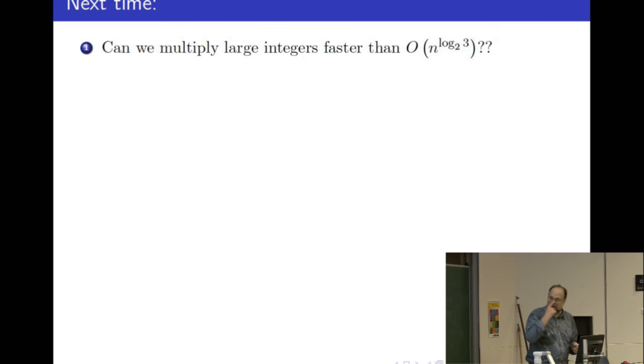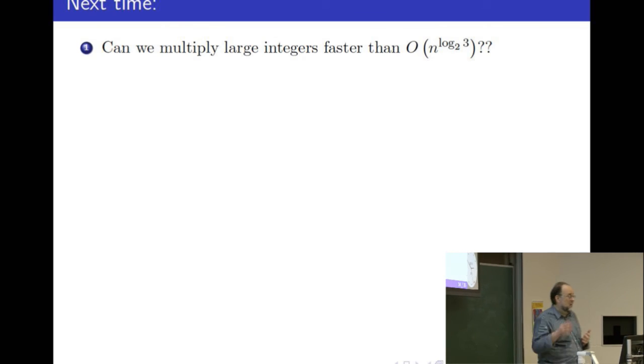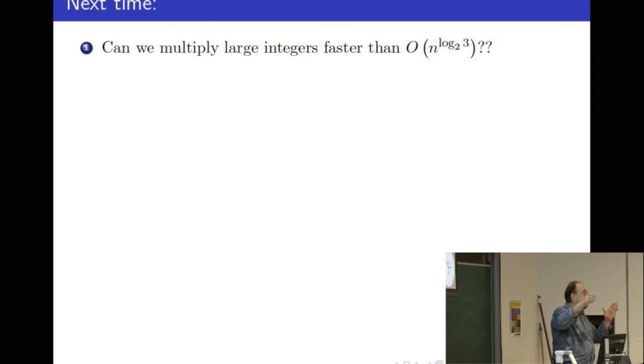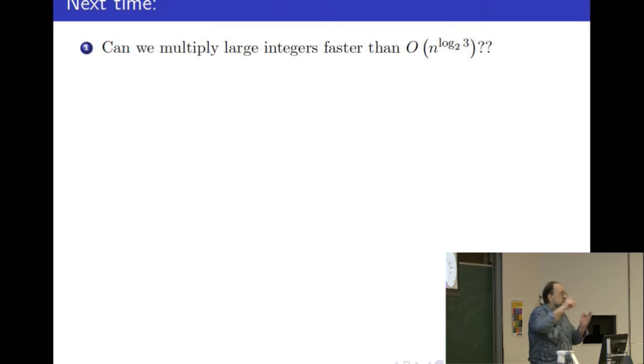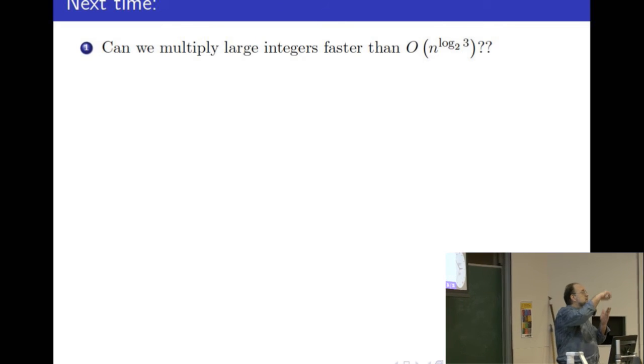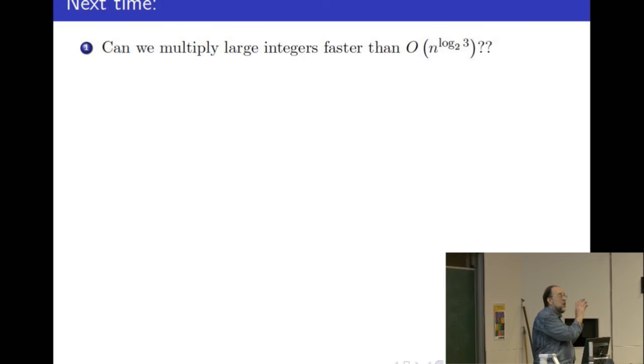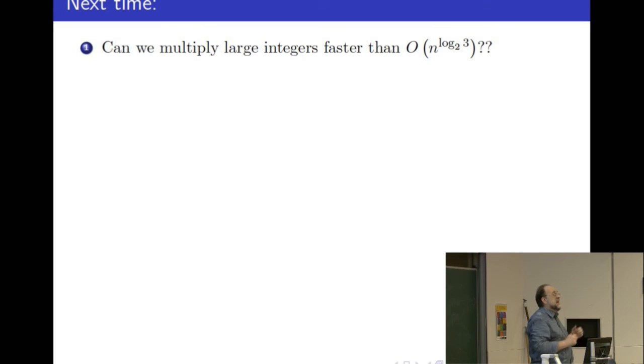How is this possible? Well, we will show that if you split the numbers into more and more pieces, indeed this exponent will be smaller and smaller. But remember, there are these constants in front. And the constants will be growing very rapidly.